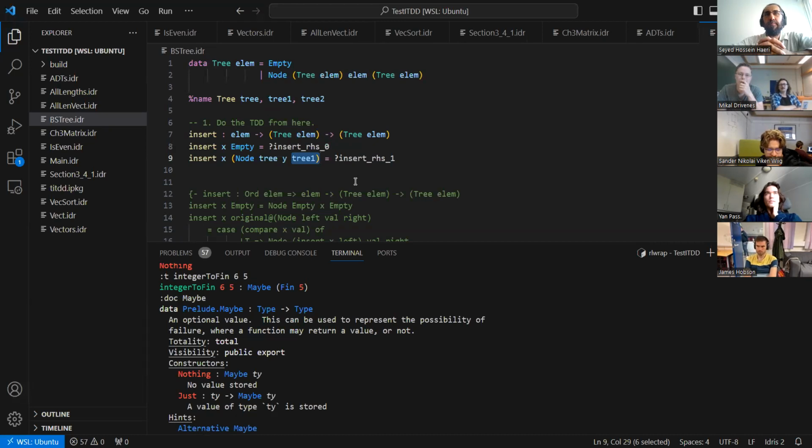Okay. We create a tree where y is x, or, well, do you know the logic of a binary search tree and the insertion into it? Do you know that? Maybe you don't. Maybe I should explain that.